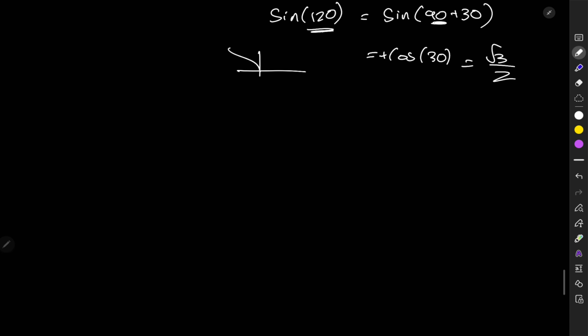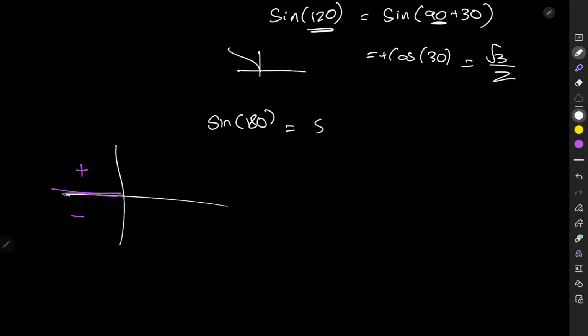But what if sine 180? How will you find sine 180? When you put sine 180 it will actually lie here, right? Will you tell it positive or negative, and how will you determine the quadrant?